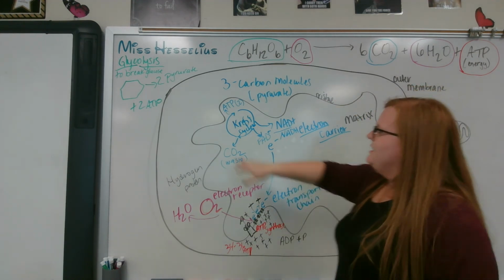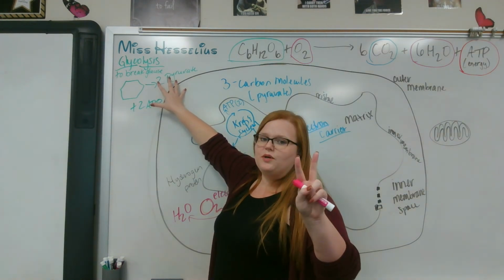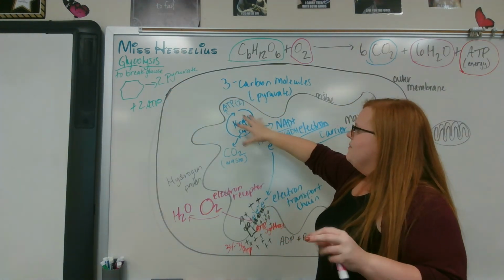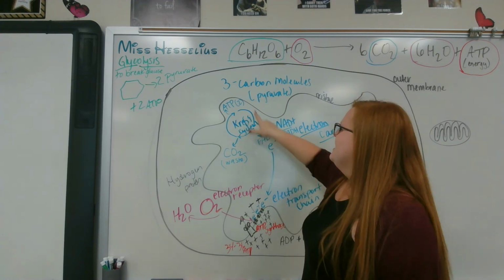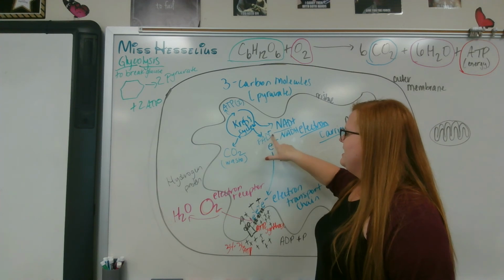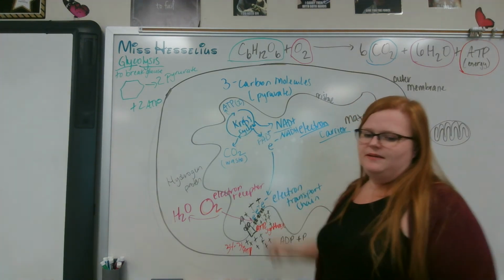So from beginning to end, we have glycolysis. It breaks down glucose into 2 3-carbon molecules called pyruvate. Then they make it to the inside of the mitochondria. Don't worry about how. The Krebs cycle breaks them down into NAD, FAD, and CO2, while also making 2 ATP molecules.